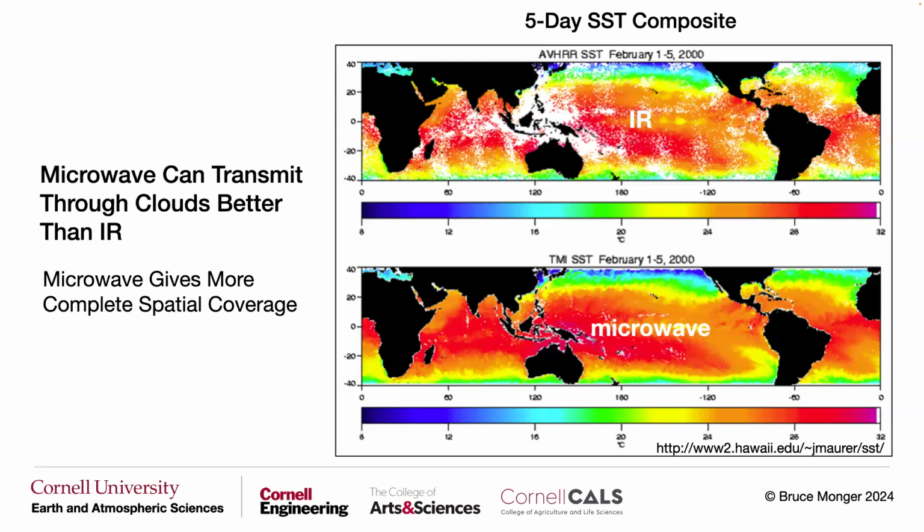I'll show you a table here in a second from a publication. Some of these tables have the different sensors and whether it's a combined IR and microwave product. They're in your reading list. In your home directories on these computers is a reading list, and you can read the fine details on these products in more detail.